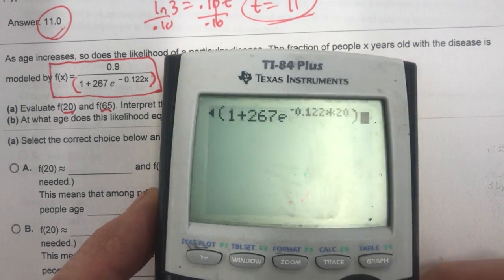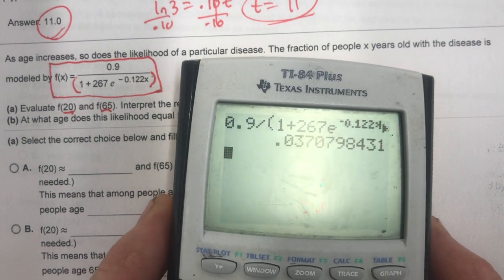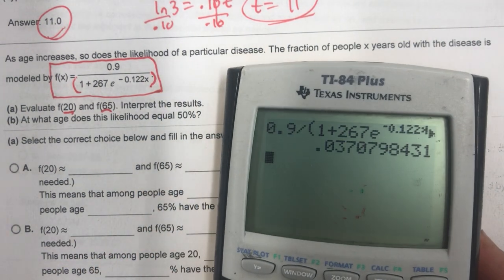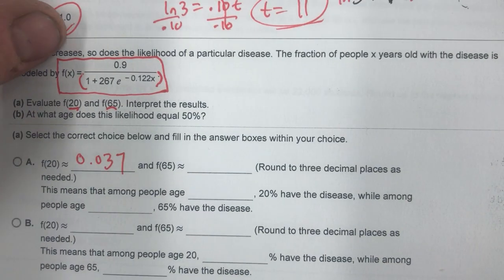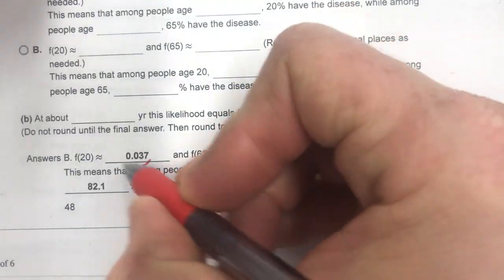Okay, and then there's my parentheses, and I got 0.037. Okay, and I believe you see our answer right there. We're in good shape with that.